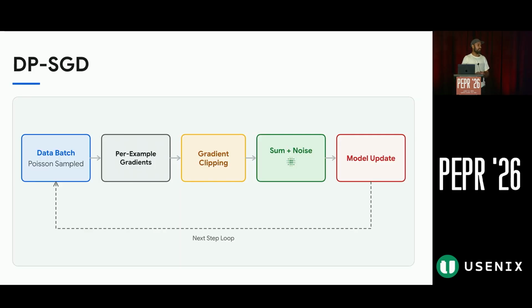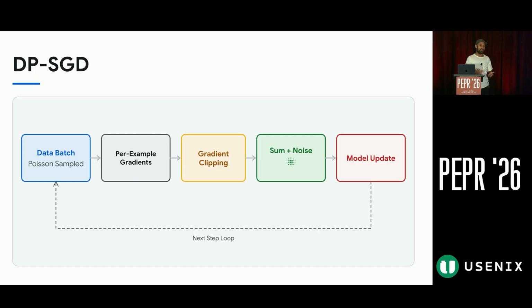The next thing I'm going to talk about is the primary algorithm we use for training differentially private machine learning models. This is called DP-SGD. There are a bunch of variations of this algorithm, but they all go very similarly to a regular ML training algorithm like SGD. First, we sample a batch of data. In regular training, this would be sampled with a fixed batch size, and maybe the dataset is only shuffled. In this case, we actually have to sample with Poisson sampling. There are other sampling mechanisms available, but usually we have the tightest accounting for this one, and it's also the best analyzed.